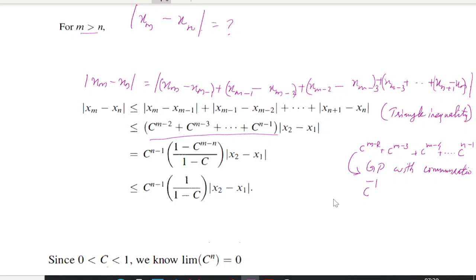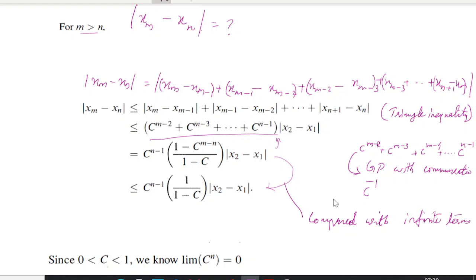Now this is a finite number of terms, so we can compare with an infinite geometric progression, right? This we have compared with infinite terms.